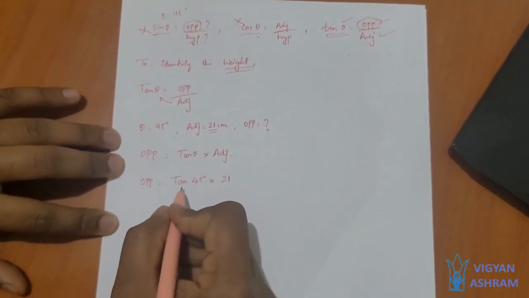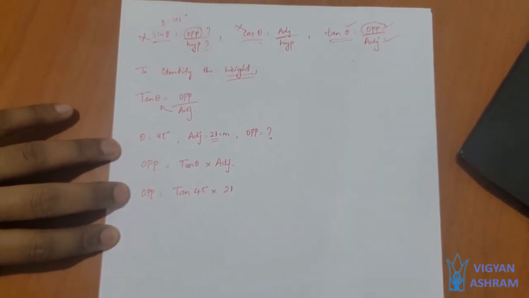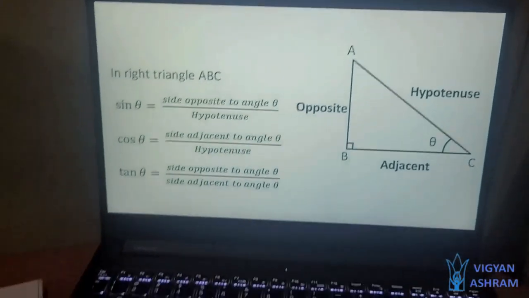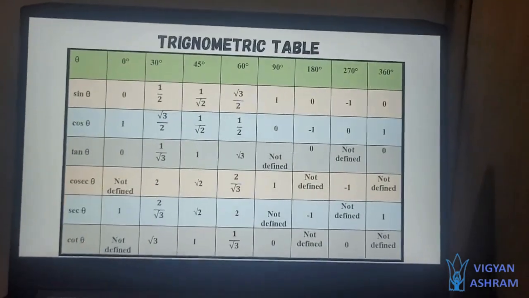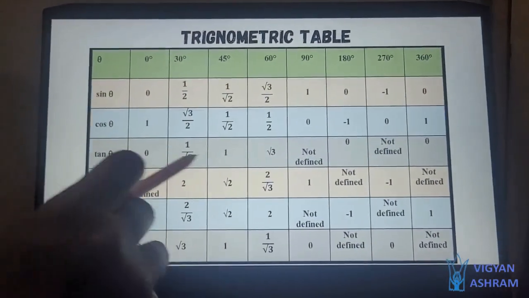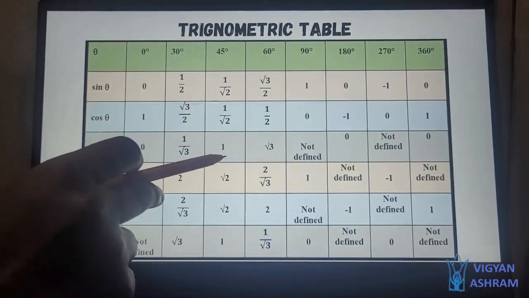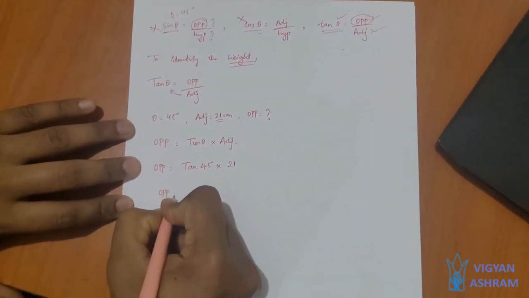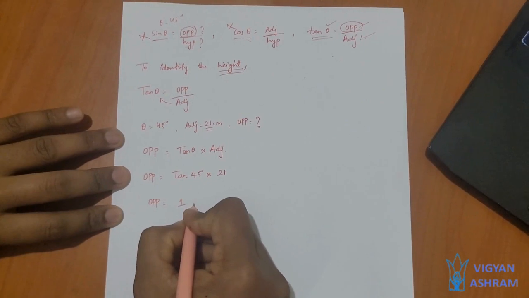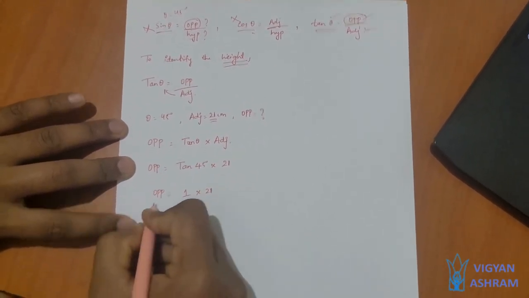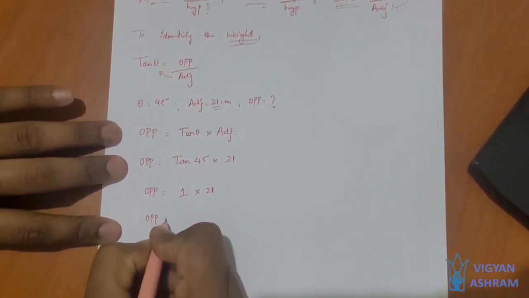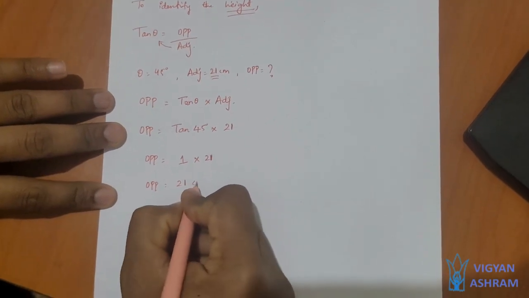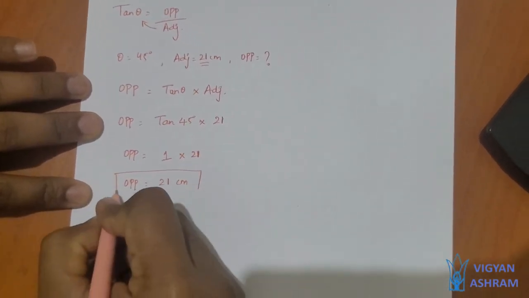Okay, so now let's see what's the value of tan 45. Tan 45 is nothing but 1. So opposite will be equal to 1 into 21, that's nothing but opposite is equal to 21 centimeter.